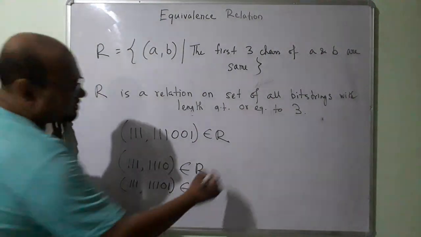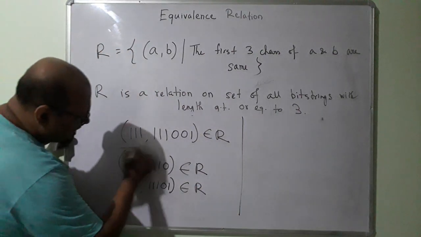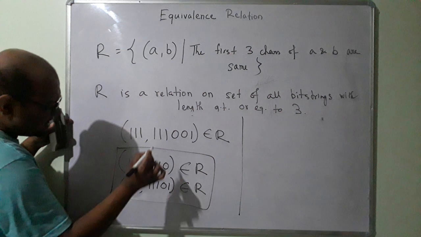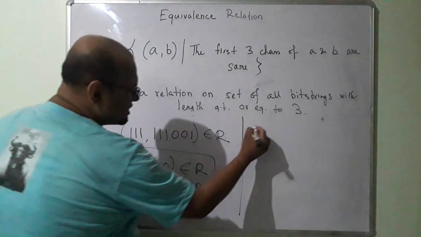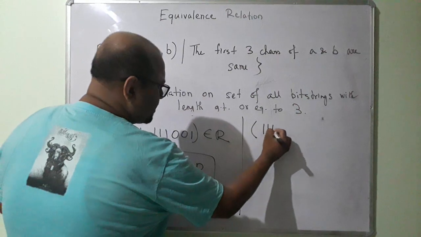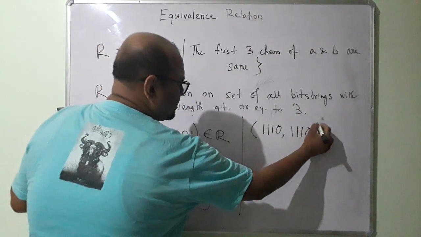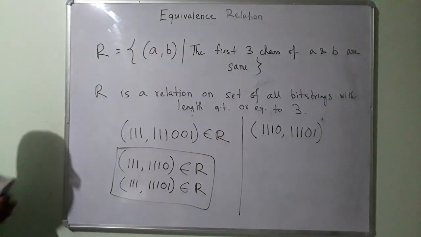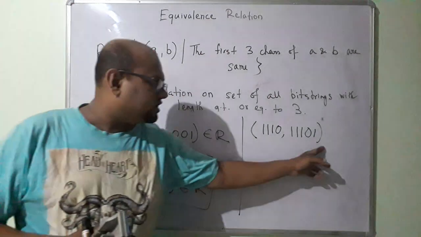Here is my question. Let us say I have taken these two. Okay, and my question is, does this pair 1110, 1101 belong to the relation? 1110, 1101, does it belong to the relation?